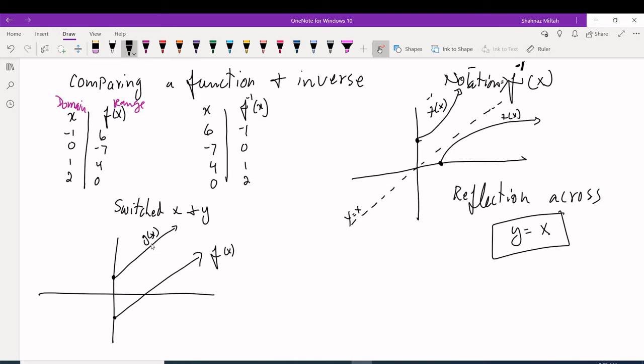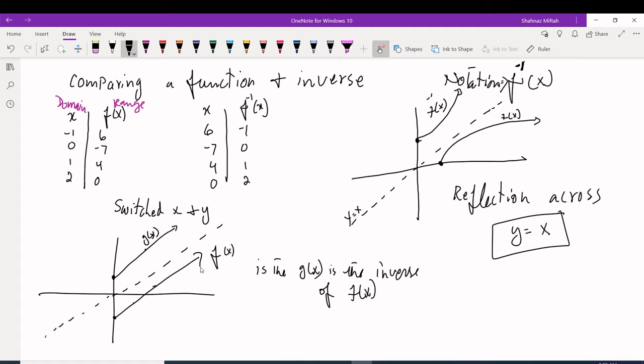The question is, is g of x the inverse of f of x? I don't have equations. I do have ordered pairs. You can pick ordered pairs up here and up here, any ordered pair, and see if the x and y are switching. But the easy way is to draw y equal x between them. And can you tell me if g of x is the reflection of f of x?